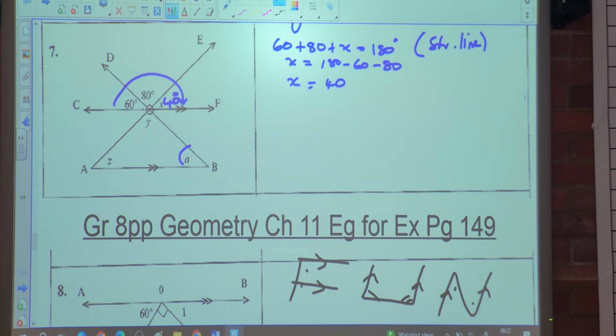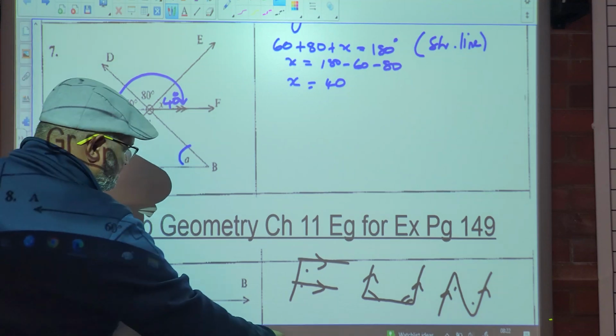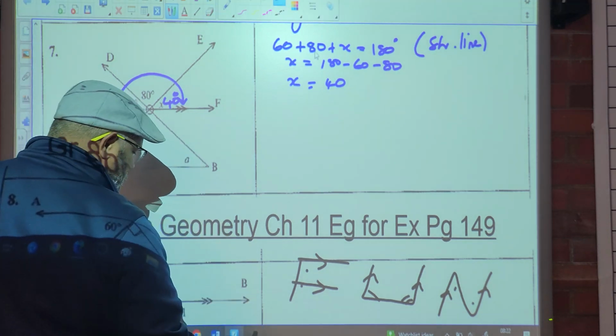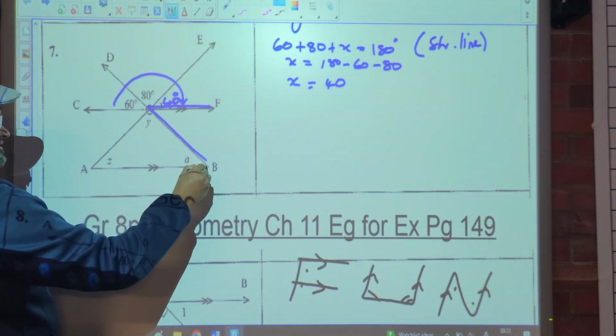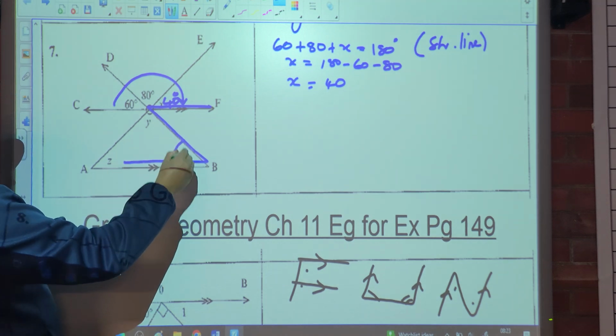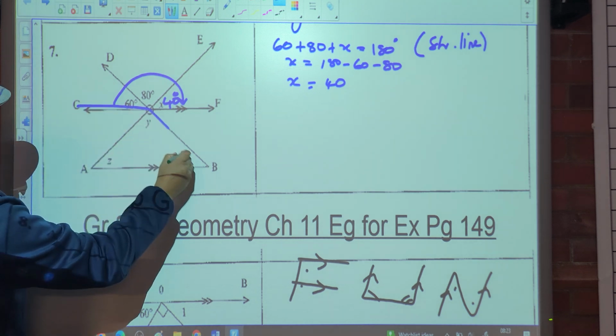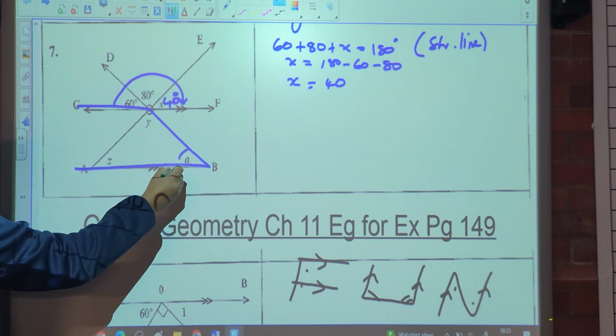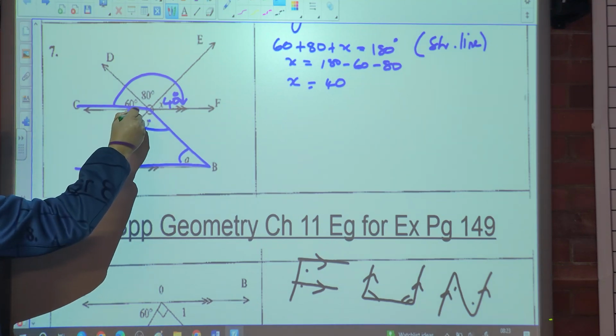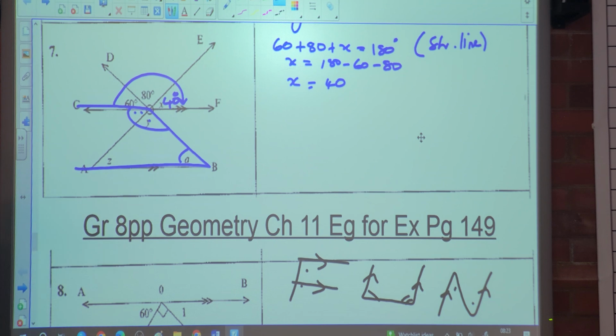The z. Okay, let's see. So a is equal to this angle, but we don't have that angle. Can I use the co-interior with a? Yes. But then I'm shorting y and I'm shorting that angle. That's also not going to work.